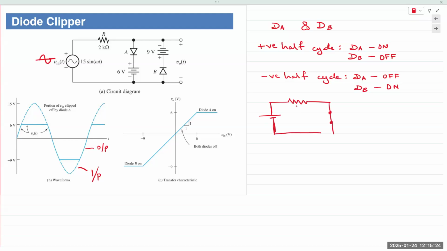So I have this as a short circuit, and this will be an open. What is my V out? V out is taken across those two terminals where the diode is connected. So V out goes to 0 because now voltage or current simply has a pathway through the diode.